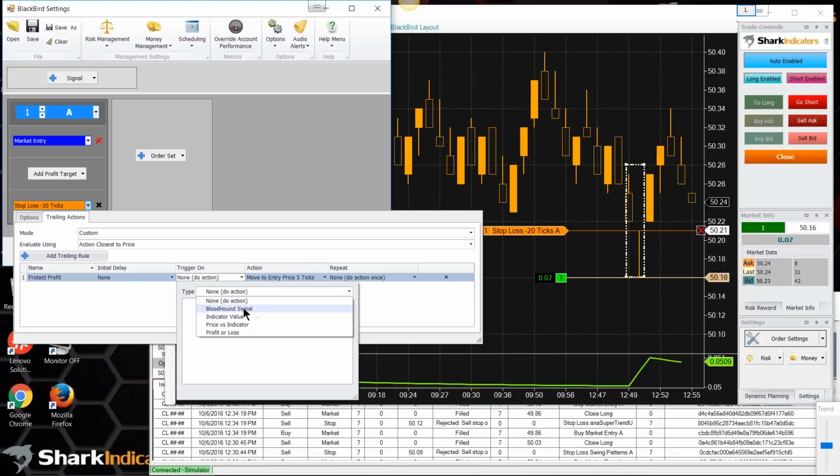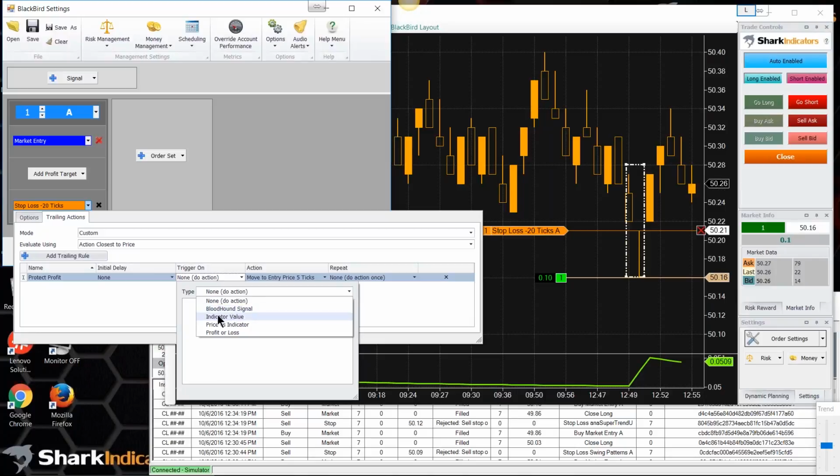And you could use a Bloodhound signal. I can't think of any examples, but maybe you could generate some Bloodhound logic that says, let's move my profit target to break even or plus 5 ticks.